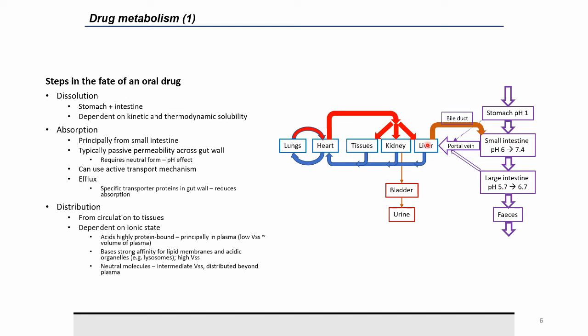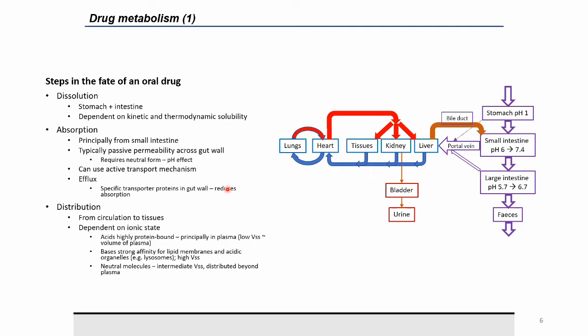Most drugs are metabolized predominantly in the liver, and they end up being excreted typically through the bile and going back into the small intestine. Now this can mean that if it's excreted unchanged, you can actually get it then reabsorbed. Normally, absorption is by passive permeability.